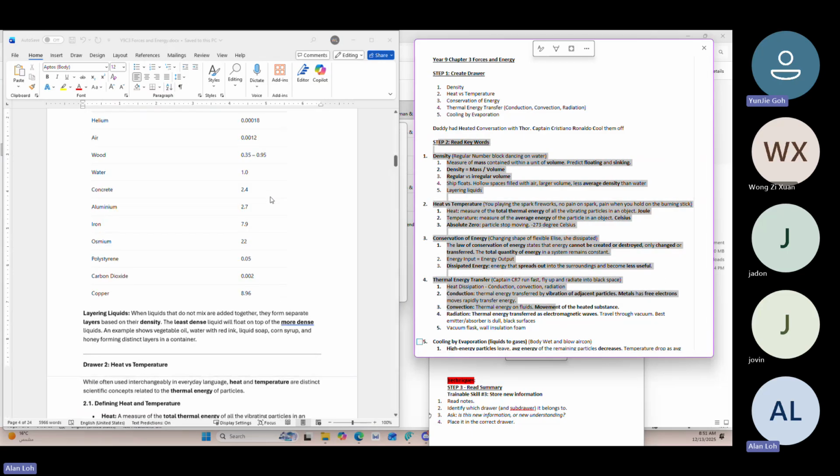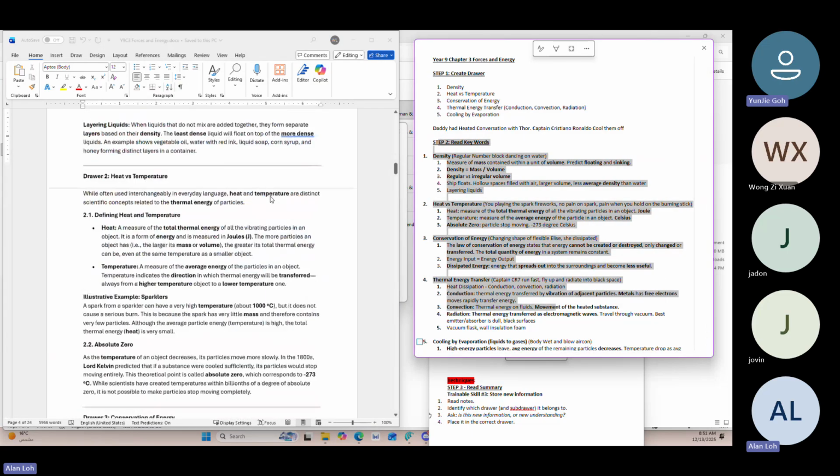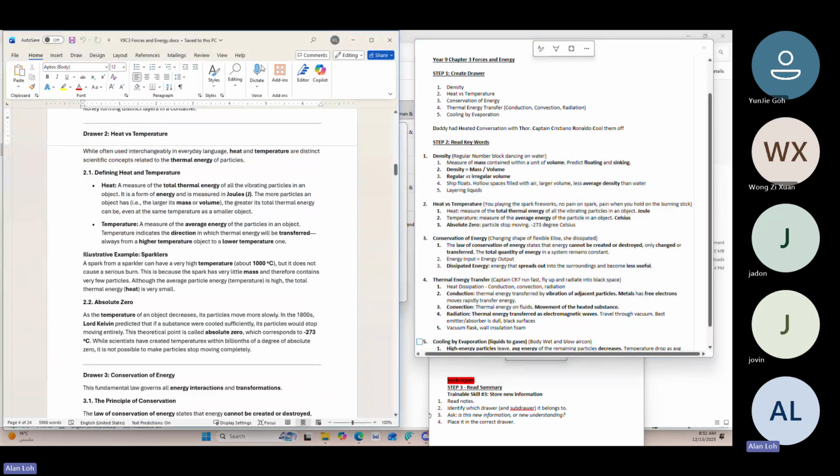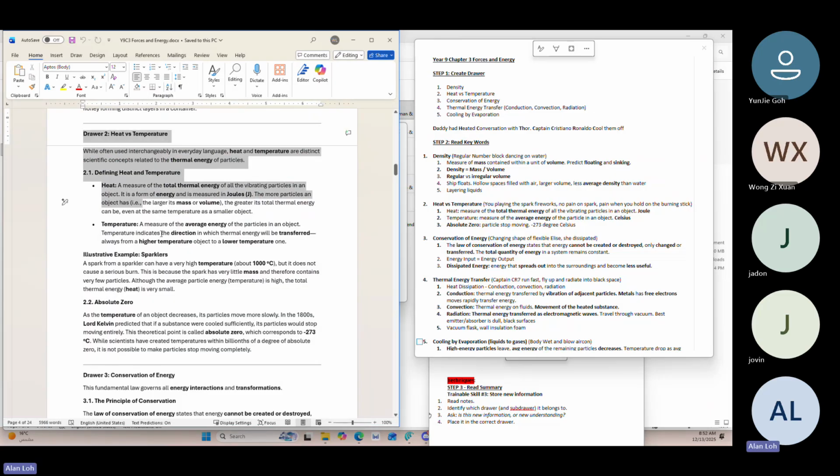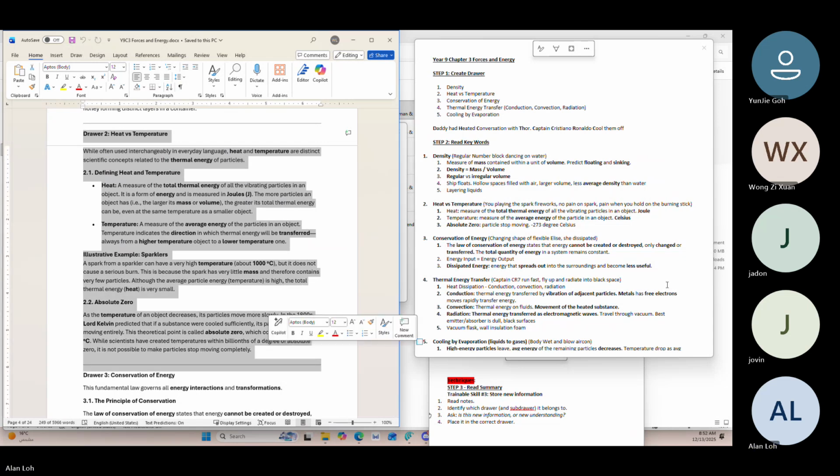Now, let's go a little bit faster, since I think Yunjie, you know the drill, and I'm sure the rest know the drill by heart already because they have done this many times. So let's go a bit faster. Let's do this in 2 minutes.